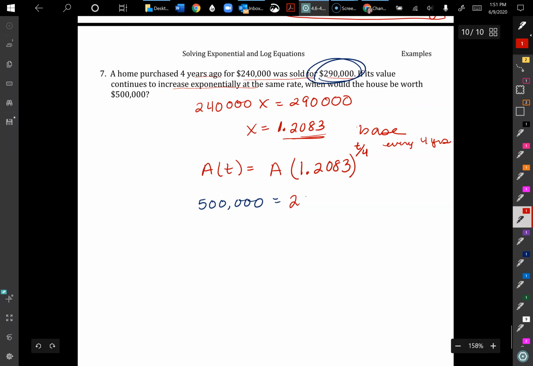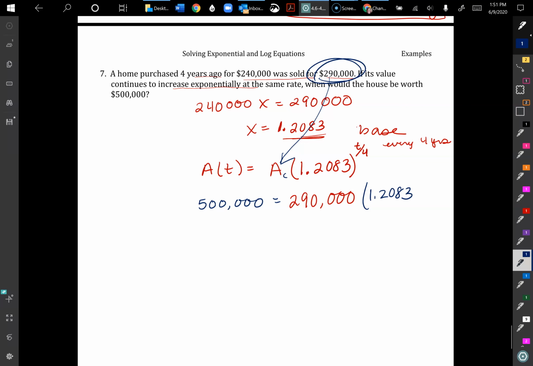My base is 1.2083. Call this like current, okay? And then raised to the T over 4. So I'm looking for how long this will take. So I need to solve for my exponent.